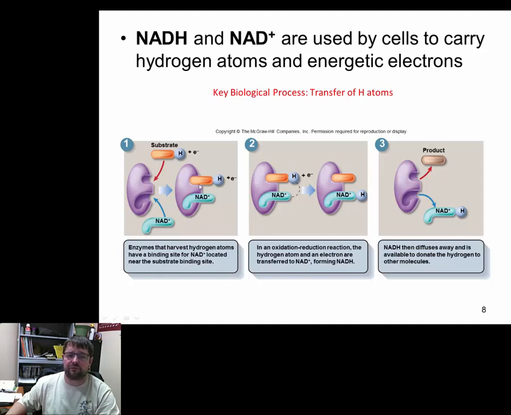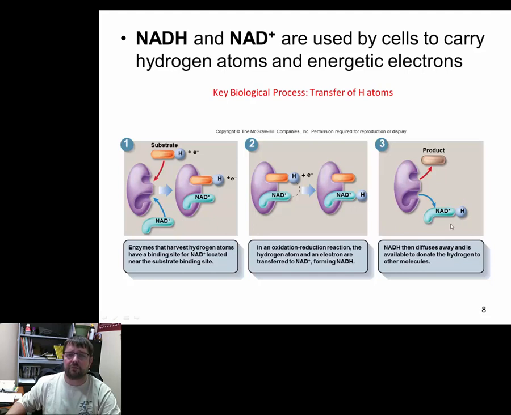That causes the protein to change its shape, pushes the two molecules together. The hydrogen is transferred to NAD to form NADH. Along with that, the electron goes over, and the product is formed.